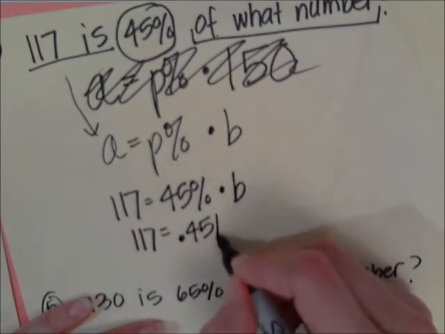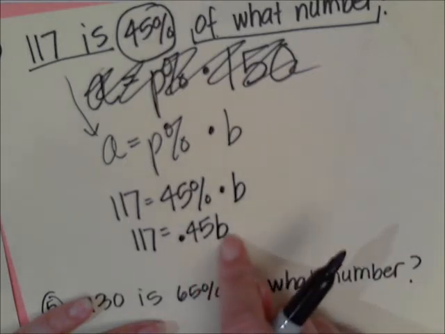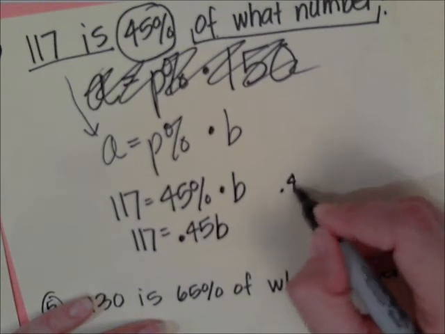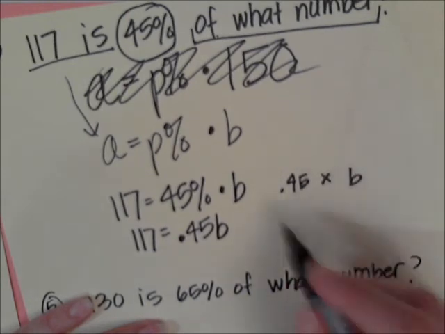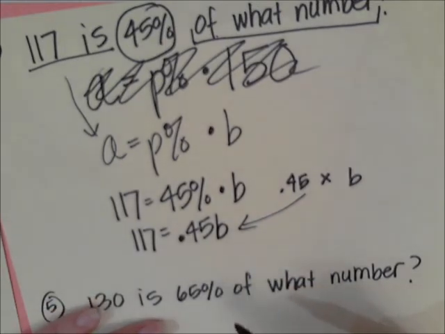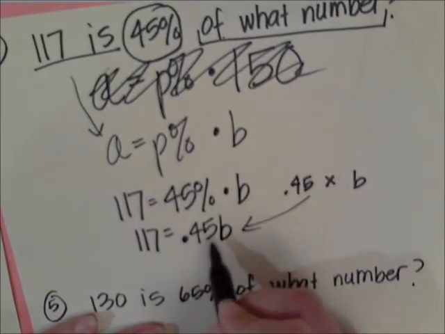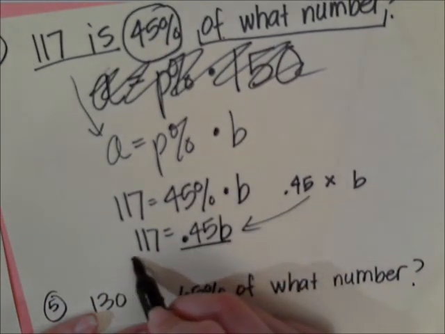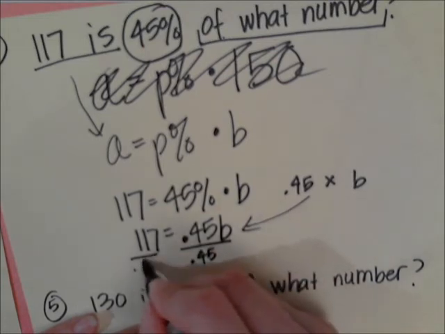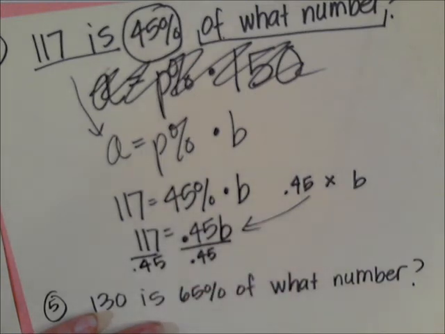So it's 0.45 times B. It's basically the same, but I'm just making it algebraically friendly. So to get B by itself, I'm going to divide both sides by 0.45.